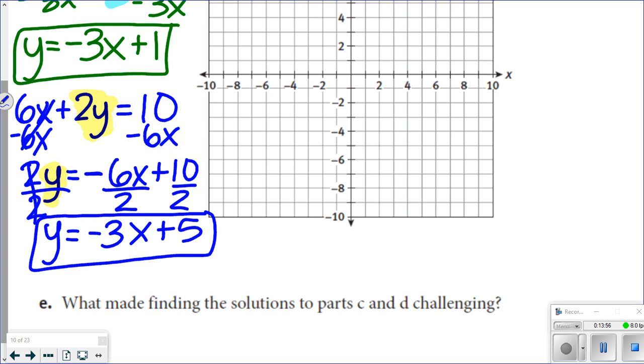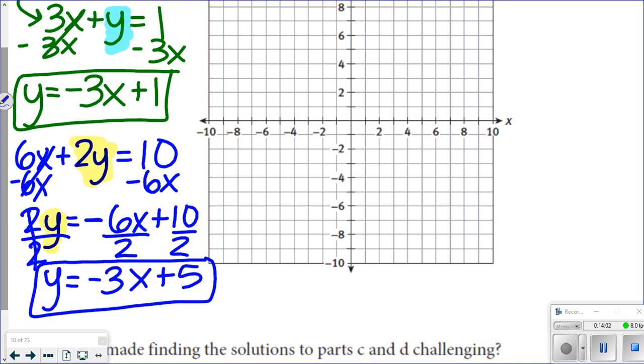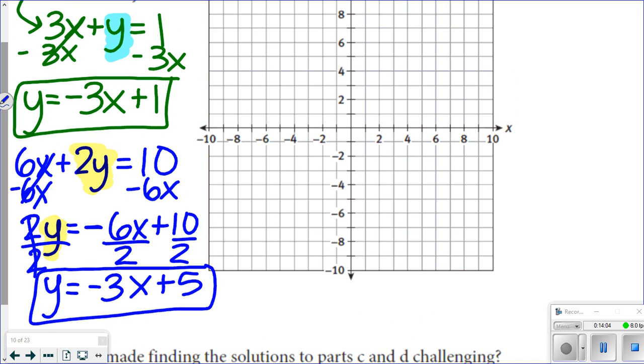So if I'm looking at both of my equations, I notice something is the same: my coefficient in front of the x. They both have a slope of negative 3, which means these are going to be parallel lines. I'm going down 3 over 1 for both of these.